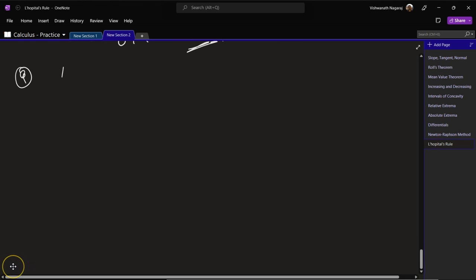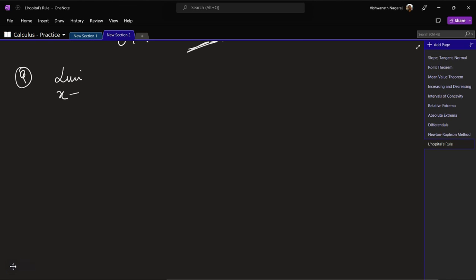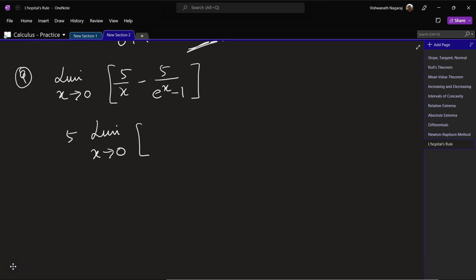Ninth one, a very interesting one. Limit as x approaches 0 of pi by x minus pi by (e to the power of x minus 1). Yes. So here pi and pi is common, so we can take that out. Limit as x approaches 0 of 1 by x minus 1 by (e to the power of x minus 1).